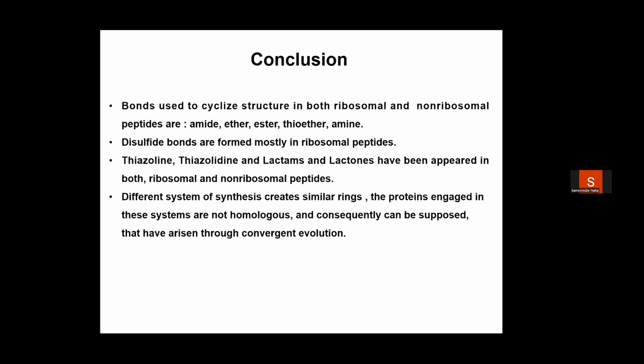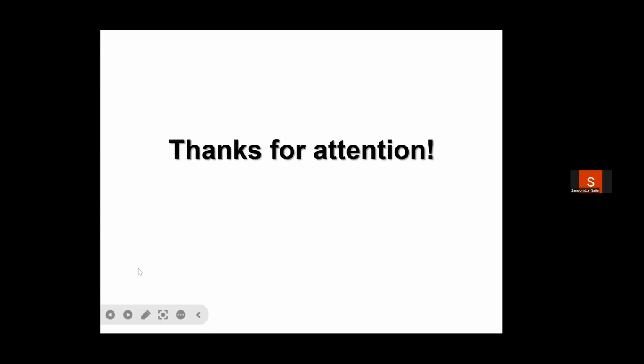Thiazolines, thiazolidines, lactams, and lactones appear in both types of peptides, and different systems of synthesis create similar rings. The proteins engaged in these synthesis systems are not homologous, but it can be supposed that they have arisen through convergent evolution. Thanks for your attention.